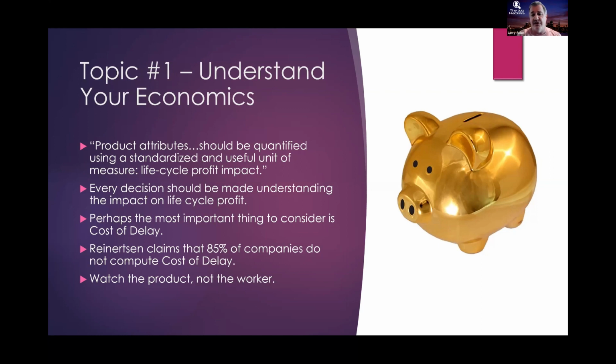The key to this whole thing, I had nowhere else to put it, but the last bullet point is we have to stop concentrating, in product development in the complex, knowledge-based world, on the worker, the person doing the work. The worker is part of the input into the product. That's not as important as the product itself.